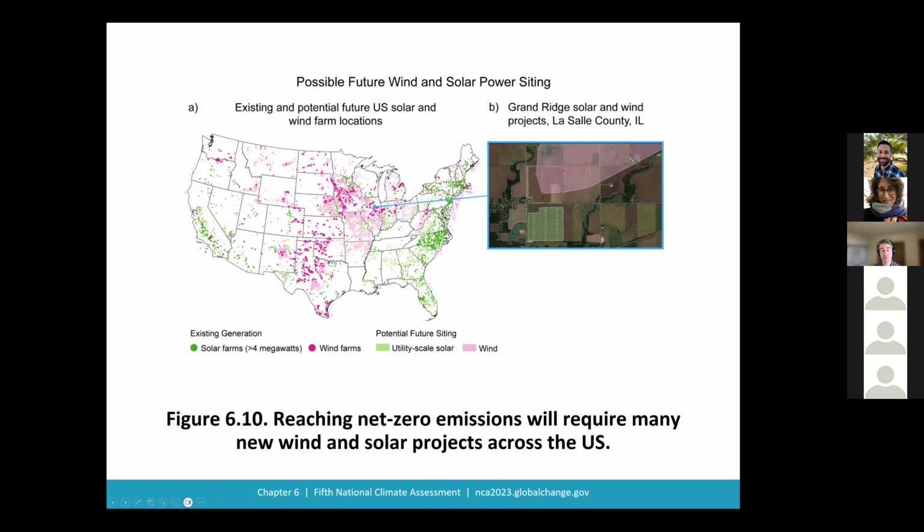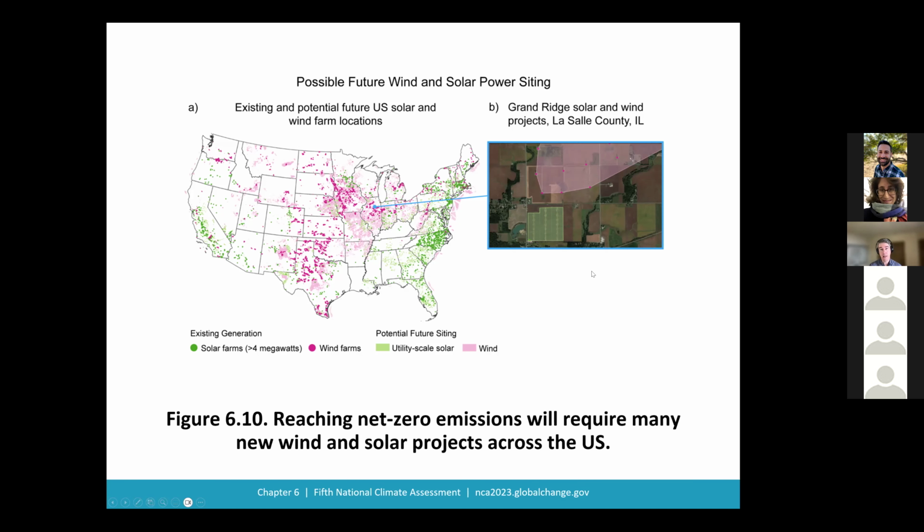And this inset just gives a little illustration of some wind and solar facilities within an agricultural landscape existing in Illinois right now, showing what that looks like and scales relative to, you can see crop fields in the background imagery there. Wind is going to have a large visual footprint in the future. It's going to be visible over as much as 130 million acres, which is a very, very large area.